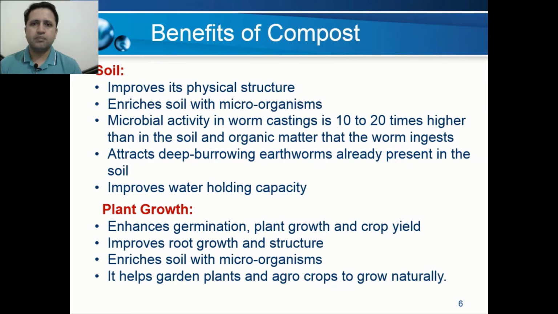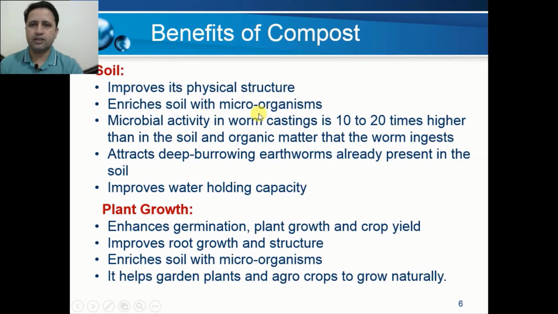Here are some benefits of the compost process, that is, why we want to convert organic matter into a compost product. One important benefit of composting is that it can improve the physical structure of the soil. It can enrich the soil with microorganisms.